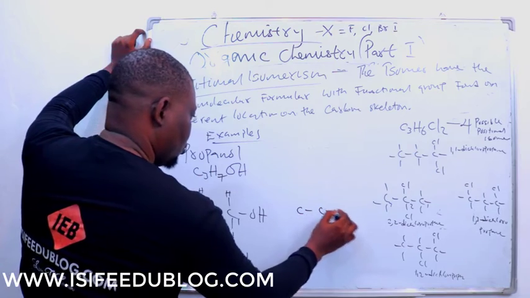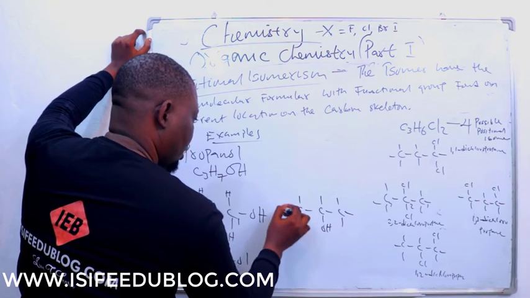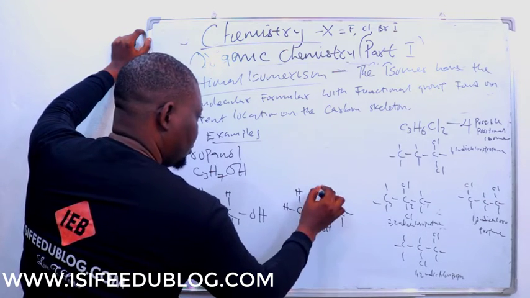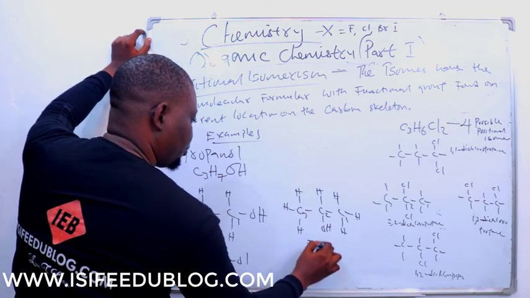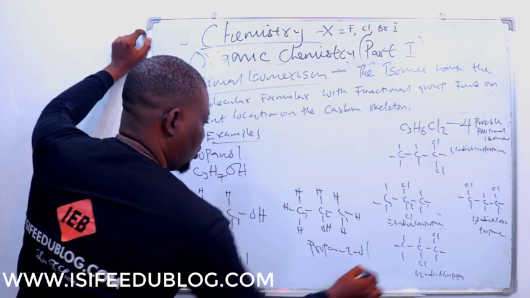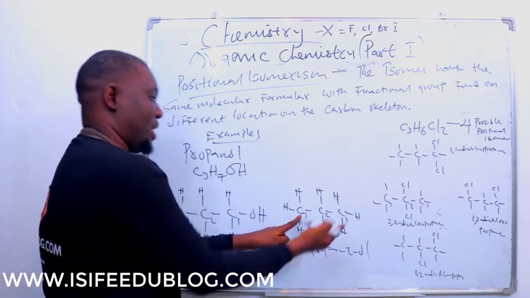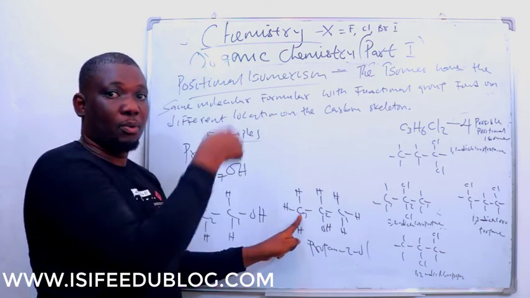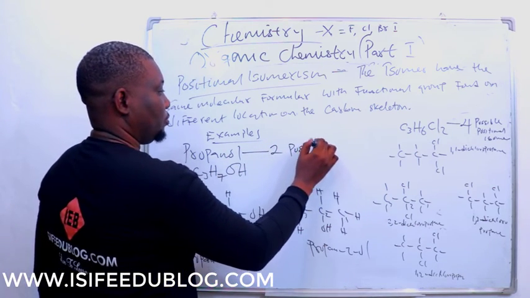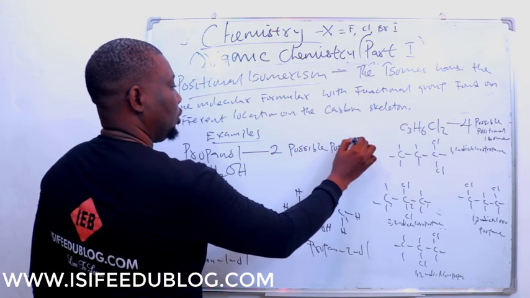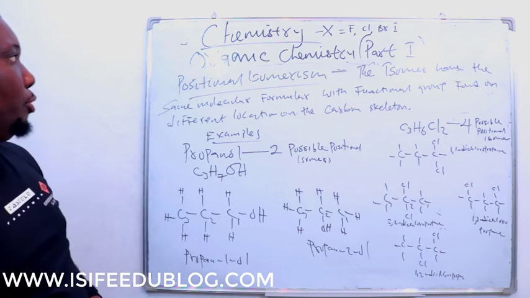What if I shift this one here? This is 1, 2, 3. We have this as propan-2-ol. And what if I shift this in here? To give it the lowest possible number, I have to start from the number 1. So it is still propan-1-ol. So how many possible isomers can be obtained from propanol? 2 possible positional isomers. So this is on positional isomerism.